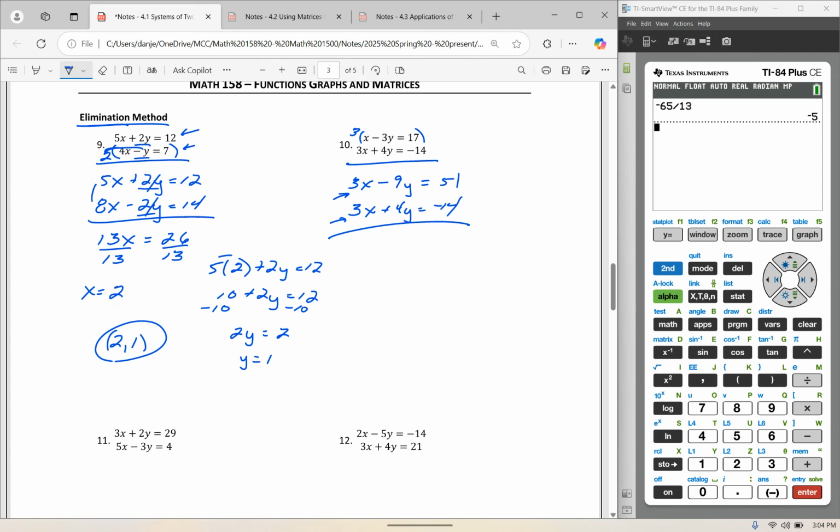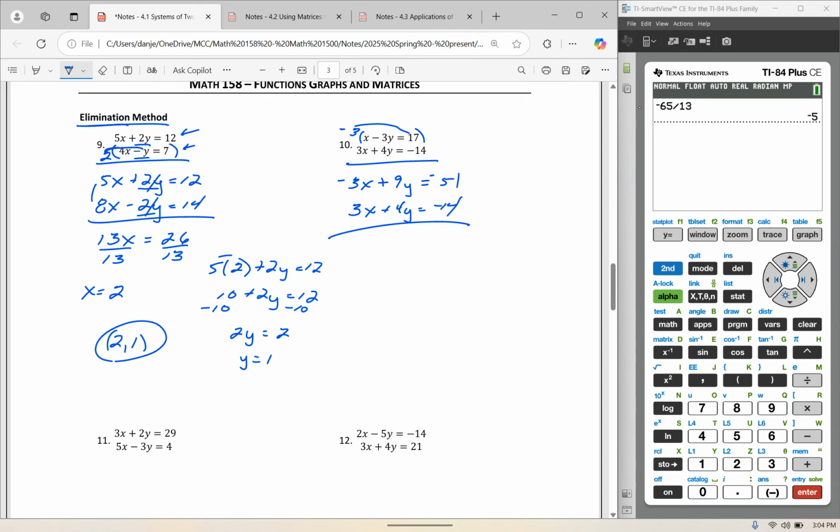So what I want to make sure that I do is get the situation so not only do we have the same coefficient, but one of them is positive and one of them is negative. So I'm going to say I should have multiplied by a negative 3. So a negative 3 times x would have given me a negative 3x. Negative 3 times negative 3y is a positive 9y. And negative 3 times 17 is a negative 51.